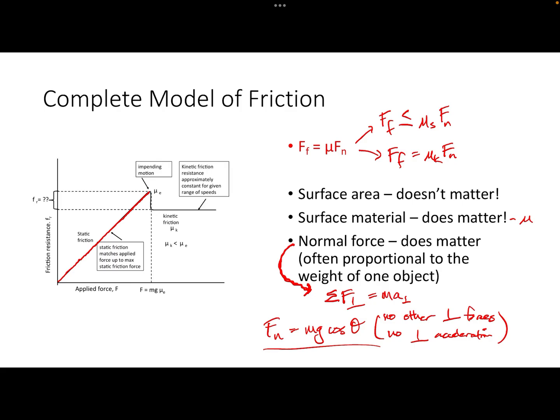And then once we've done that, we're going to get a constant force of kinetic friction opposing the motion of an object. So you'll have a bunch of time to explore the relationship between applied forces, static friction, and motion and kinetic friction.